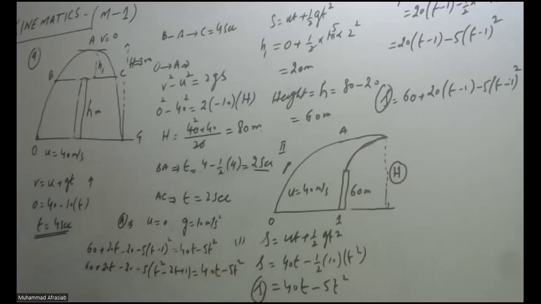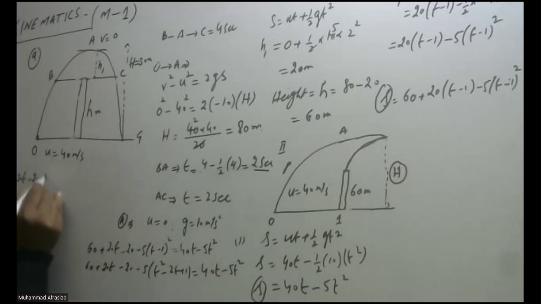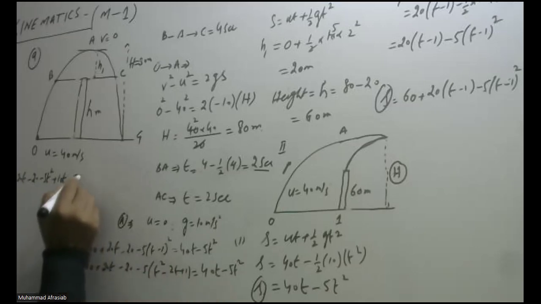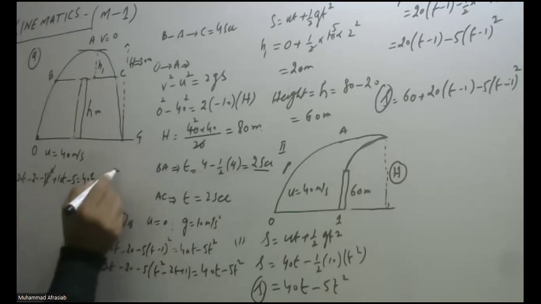So from this, after doing the calculation, 60 plus 20t minus 20 minus 5t square plus 10t minus 5 should be equal to 40t minus 5t square. So this 5t square and 5t square cancel out.